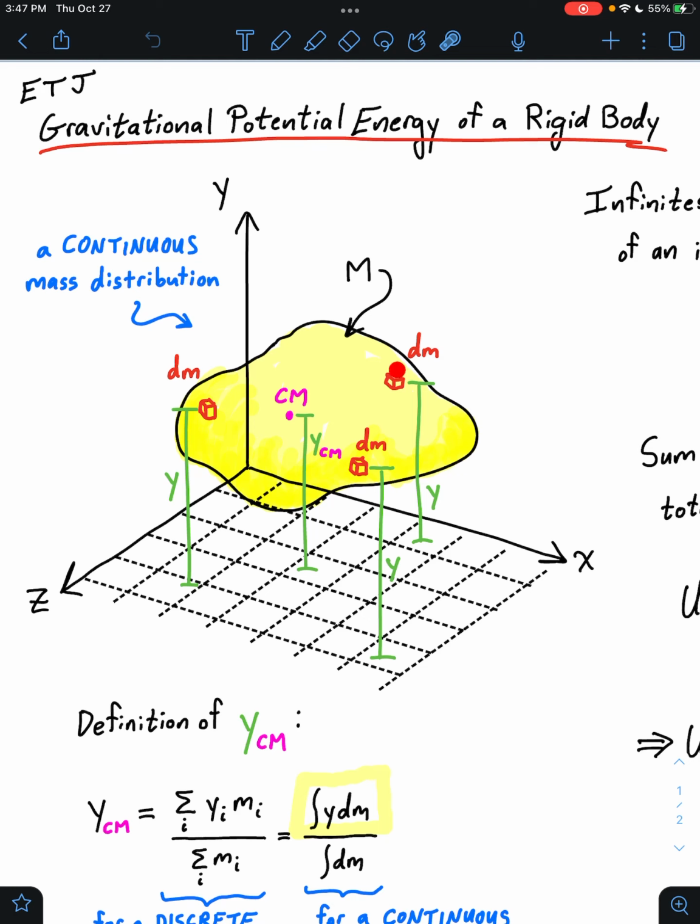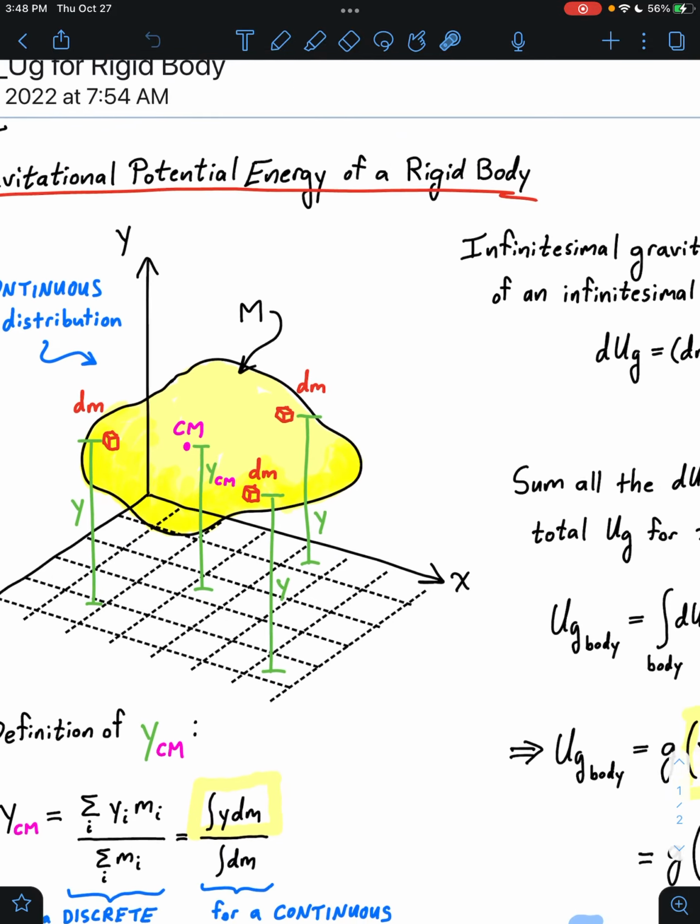So the tiny little mass dm we could model as if it were just a point mass at this one specific location, with the gravitational potential energy depending on its height above our reference plane here. And so if we can find the UG of one of these little bits of mass, and then add all those bits of UG up, we would get the total. So that's exactly the plan.